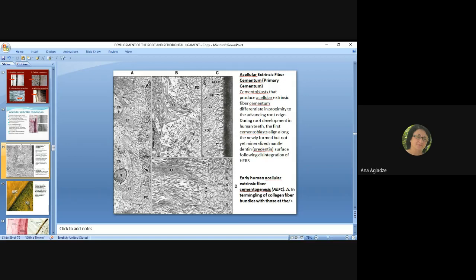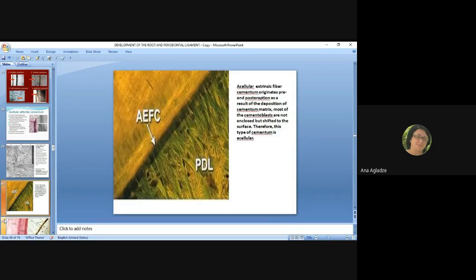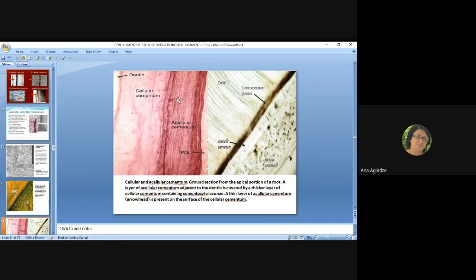and as a result of the deposition of cementum matrix, most of the cementoblasts are not enclosed but shifted to the surface. Let's see here. This is acellular. Firstly acellular cementum is deposited and then cellular cementum.